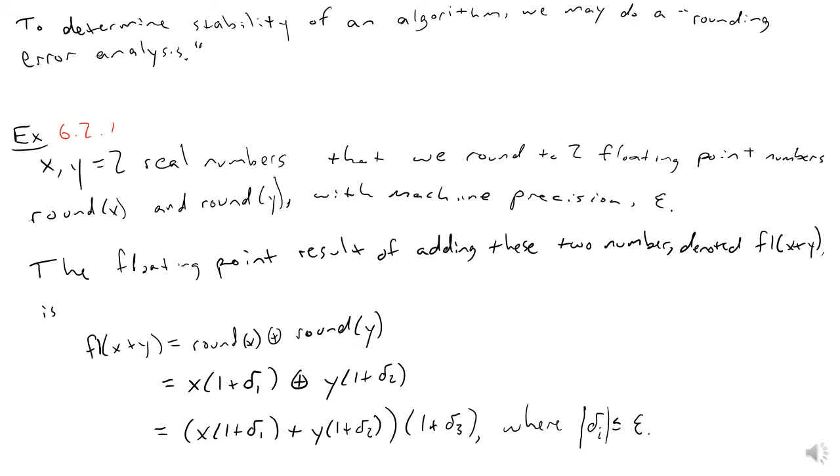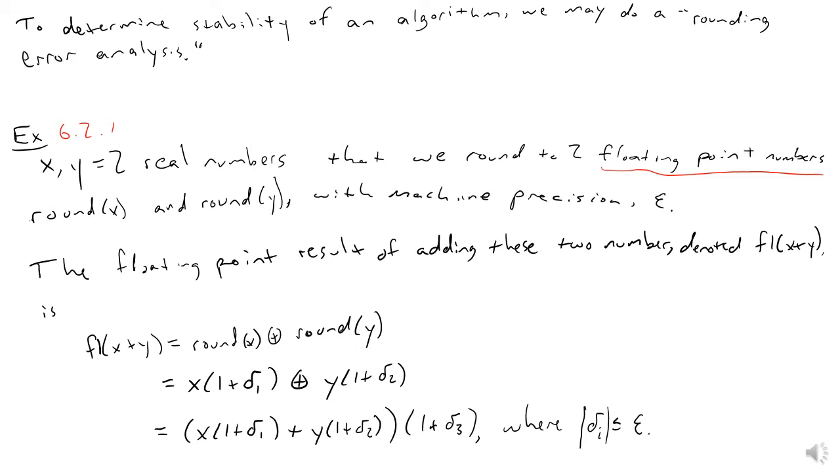Those two numbers may not be floating point numbers, but suppose we round them to be floating point numbers. Okay, so remember, a floating point number is a number that can be represented precisely or exactly using floating point representation. All right, so x and y, we round them to be floating point numbers. We'll call those rounded numbers round x and round y.